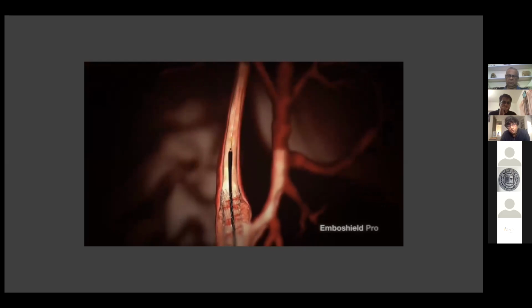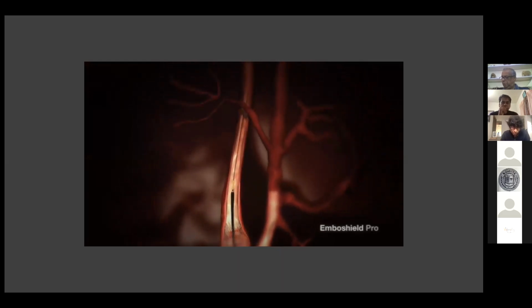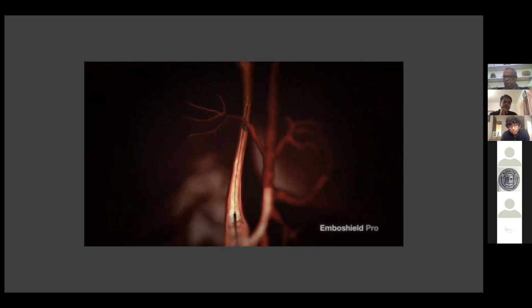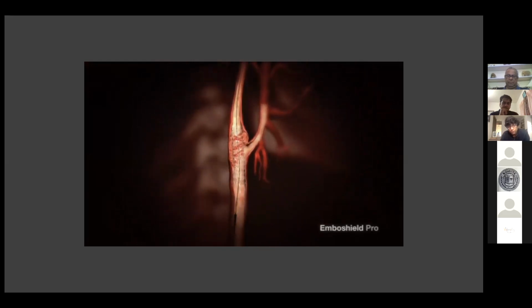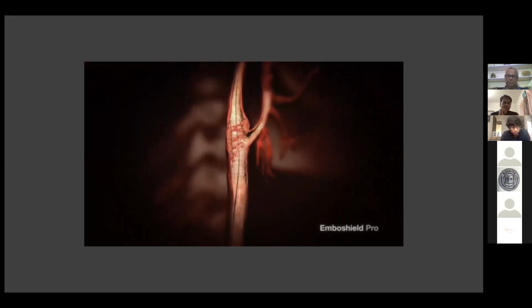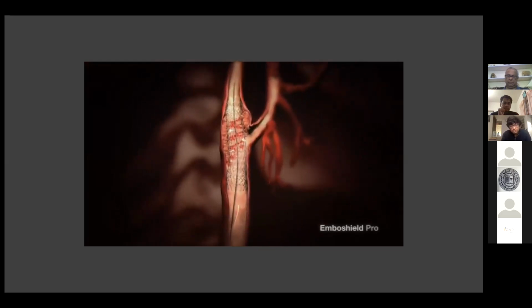And then you can either remove the filter retrieval catheter separately or with the wire together, and then take a check angiogram to make sure that you've treated the stenosis successfully. It's best to do a 4-vessel cerebral angiogram prior to the procedure, before starting the cannulation, before crossing the lesion, and also after you've completed the angioplasty.